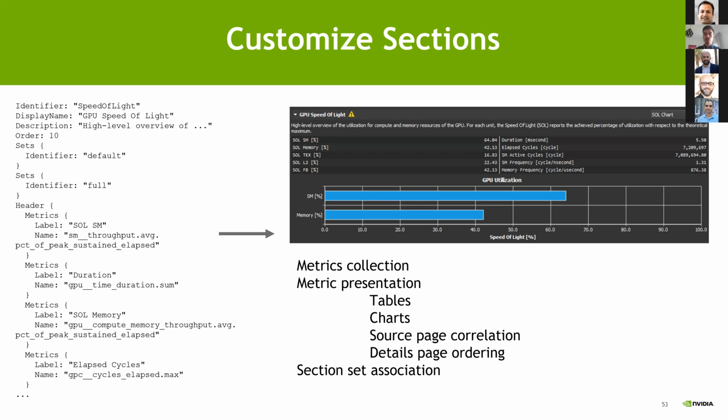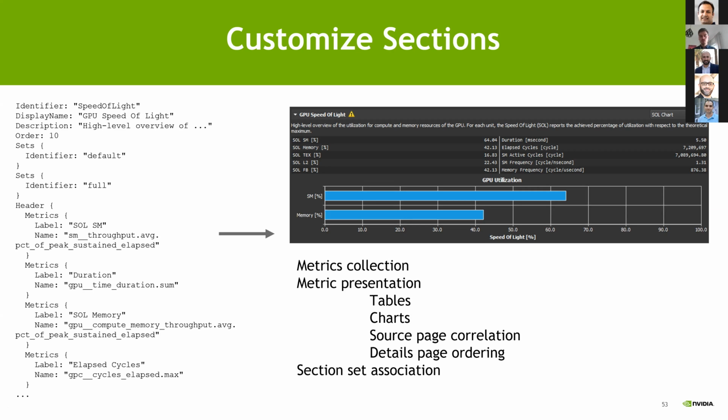One of the most customizable things you would probably want to look into for adapting the tool to your needs are the sections, which are simply text files, Google protocol buffer text files, with a certain format that define, besides the name and the description and the sets they belong to, which metrics should be collected as part of this section, and what names the UI should show for these metrics.